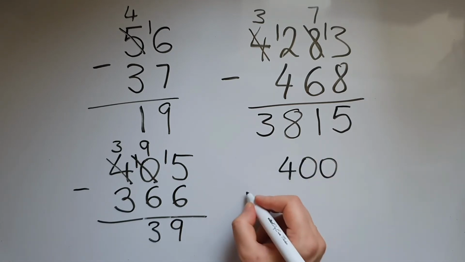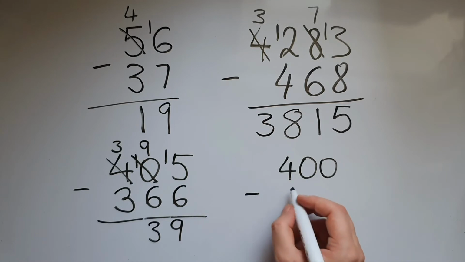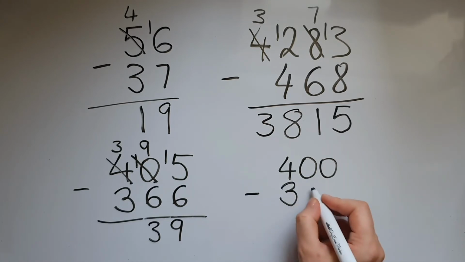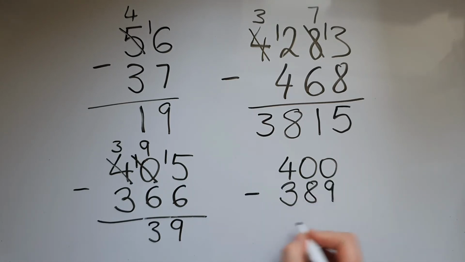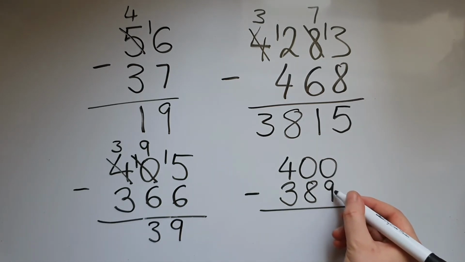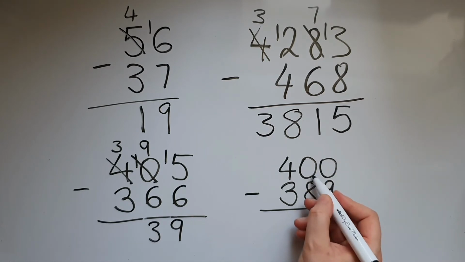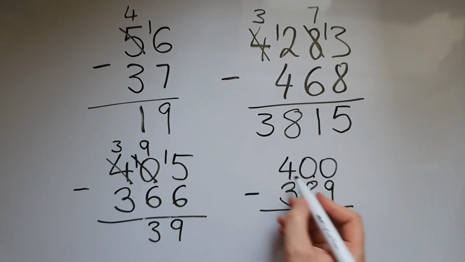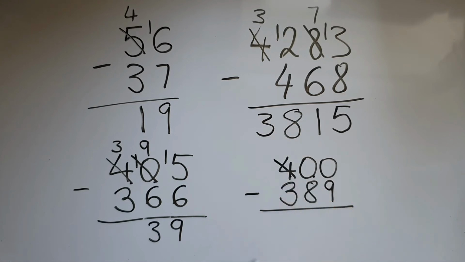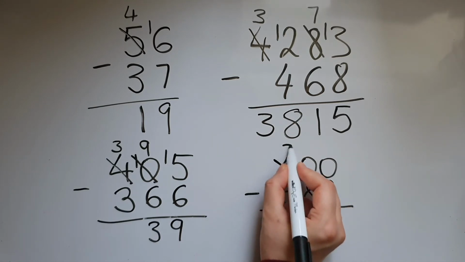What if we had 400 take away 389? So we're trying to take away 9 from the 0, which means we need to borrow. So we can't borrow from the 0 here, but we can borrow from the 4, making it 3.